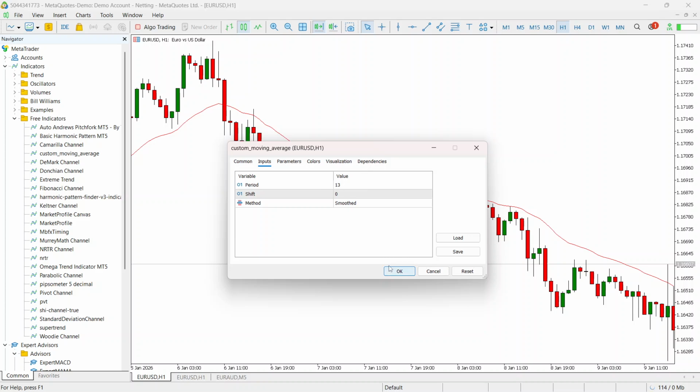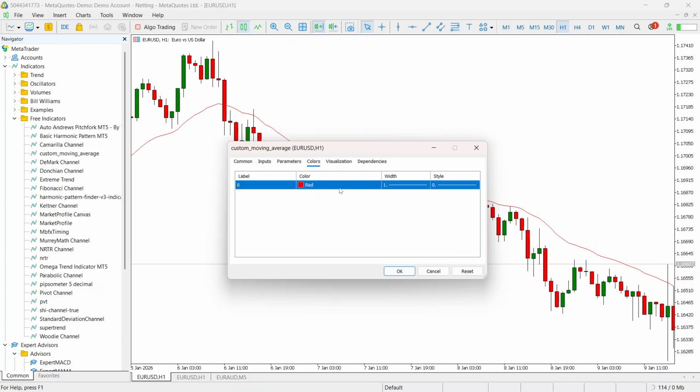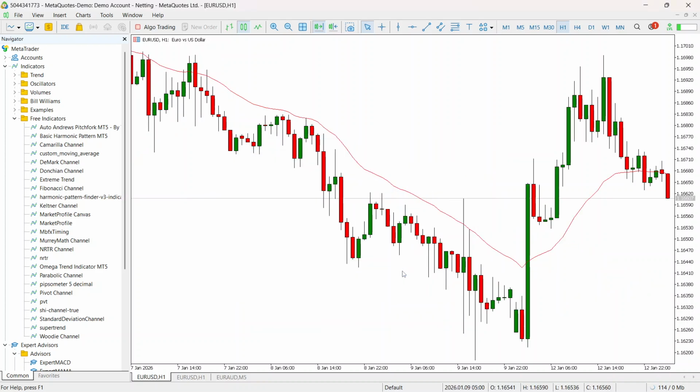The indicator is designed to be customizable to fit different trading strategies, and you can also change the color to a more neutral color, and the width too.